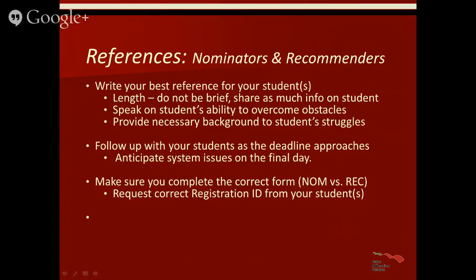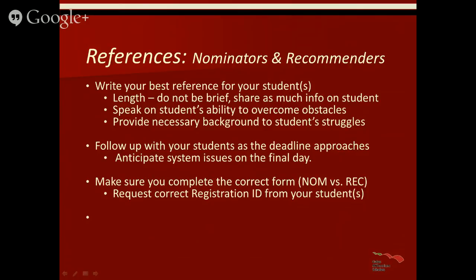There's also other things we've encountered in the past where an applicant may receive a less than acceptable grade in a particular class. If you as the nominator or recommender are aware of that situation, sometimes we have students that encounter family problems, family crisis. If you want to share a little bit about that to give some background, you can certainly do that, and that'll allow the reviewer to have more context about maybe a dip in their academics somewhere along the line.